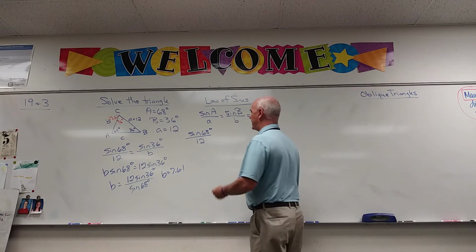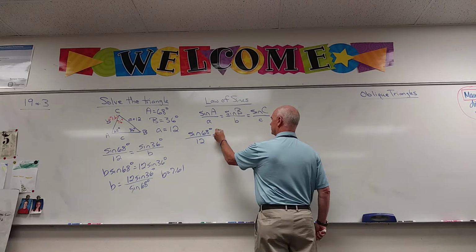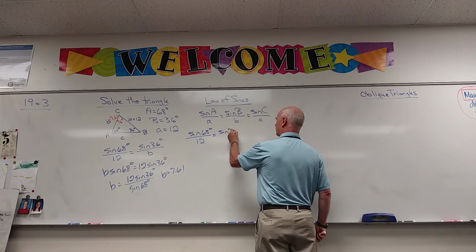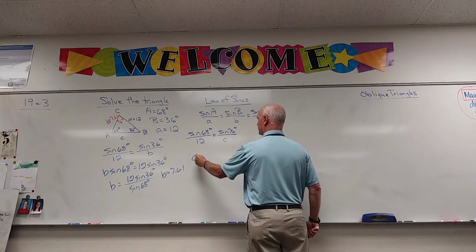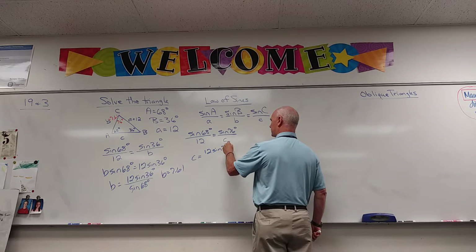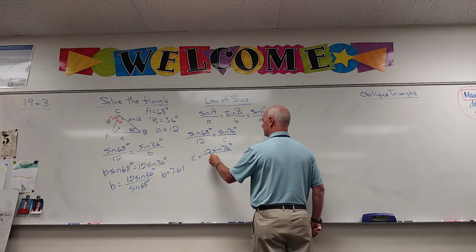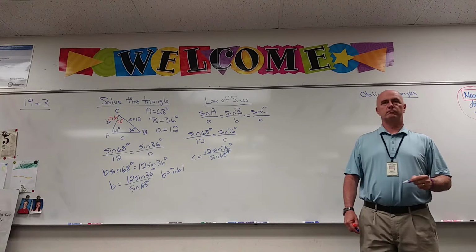So you did sine of A over A equals sine of 76 degrees over C. C equals 12 sine of 76 degrees over the sine of 68 degrees.